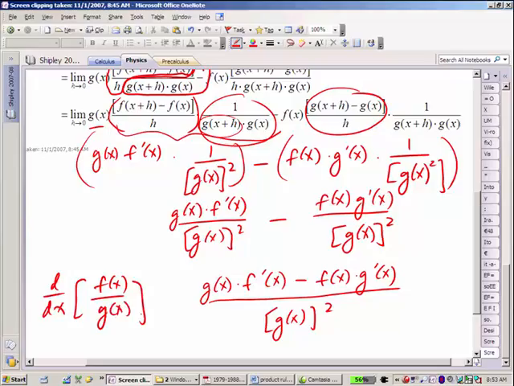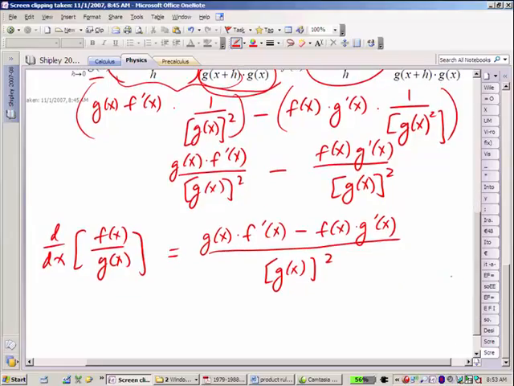The quotient rule is a little less forgiving because there's a subtraction sign in it. So order is really important. You can't put the second term in front of the first. An aid to remembering, you don't have to remember this way, but there are ways to remember.